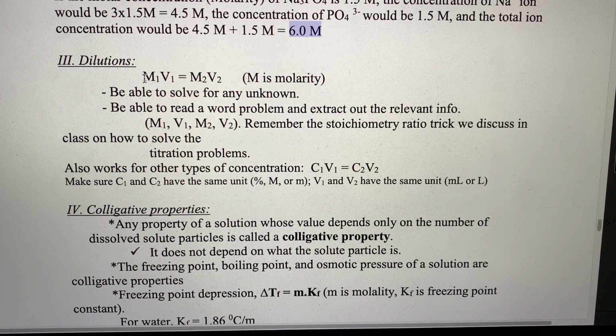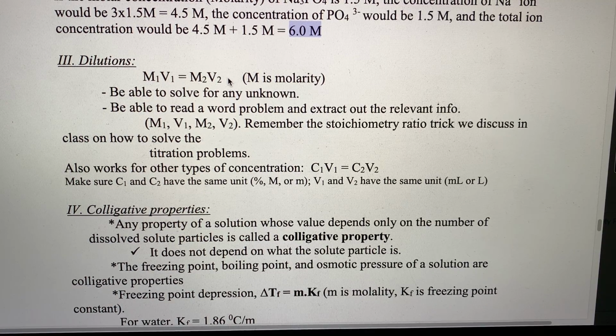For dilutions, it's M1 times V1 equals M2 times V2. M1 and V1 are the molarity and volume before, M2 is the molarity after, and V2 is the volume after. You can make a solution more dilute, or less dilute by evaporation.